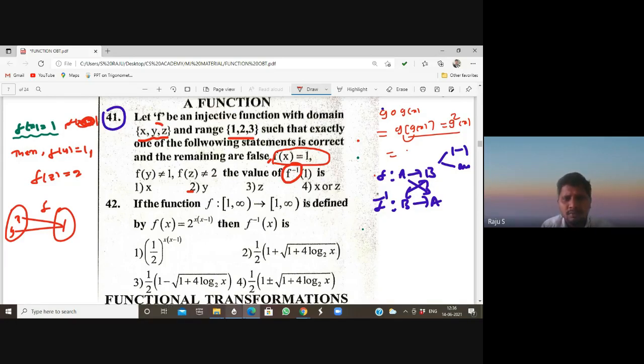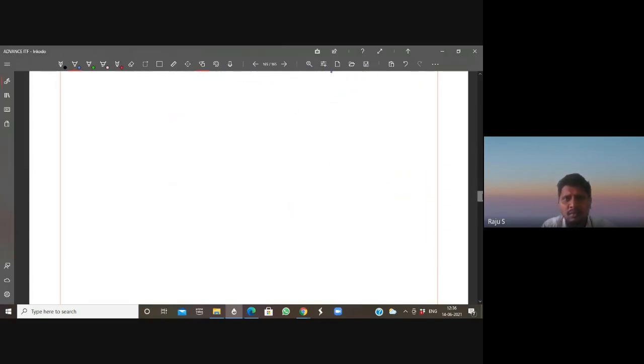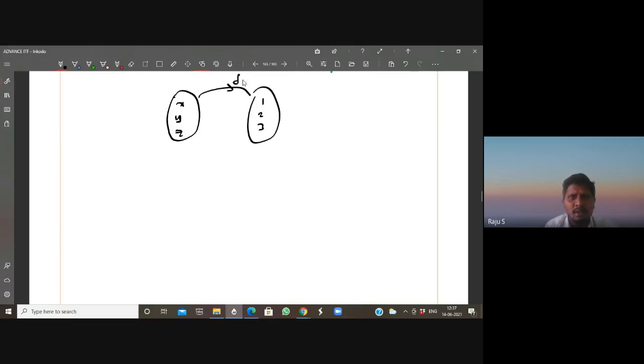Otherwise I can write here. I told you domain is x, y, z. Codomain 1, 2, 3. F is a mapping from here like this. Okay, we don't know whether x is mapping to 1, x is mapping to 2, y is mapping to 2, z is mapping to 3.